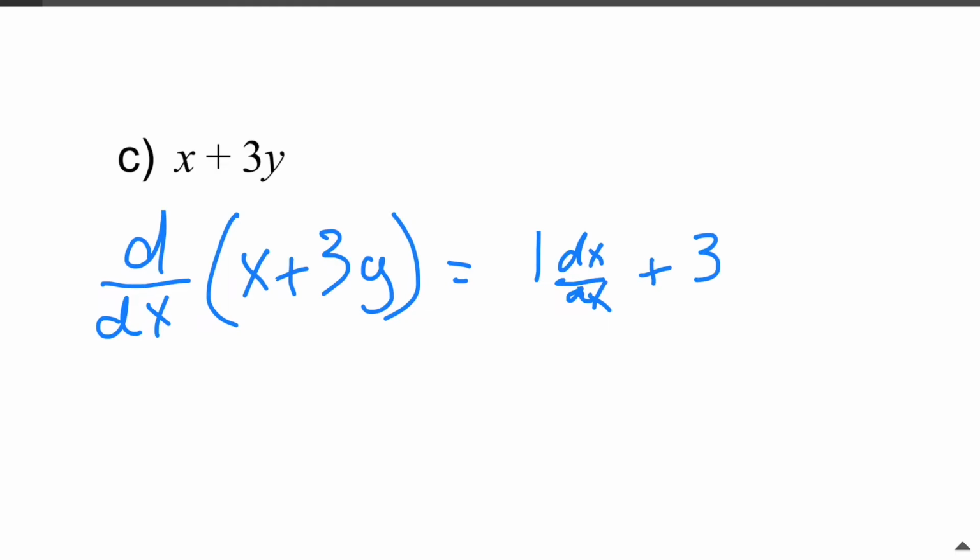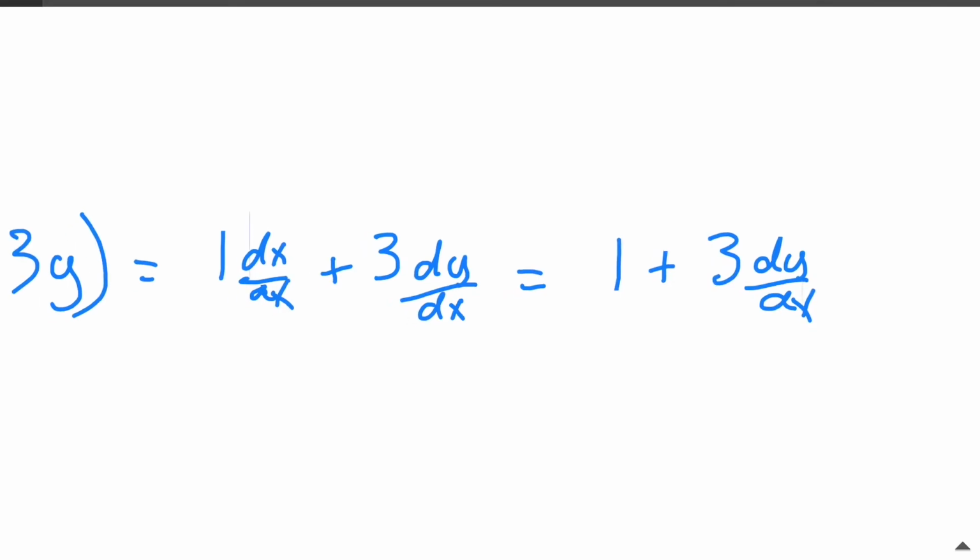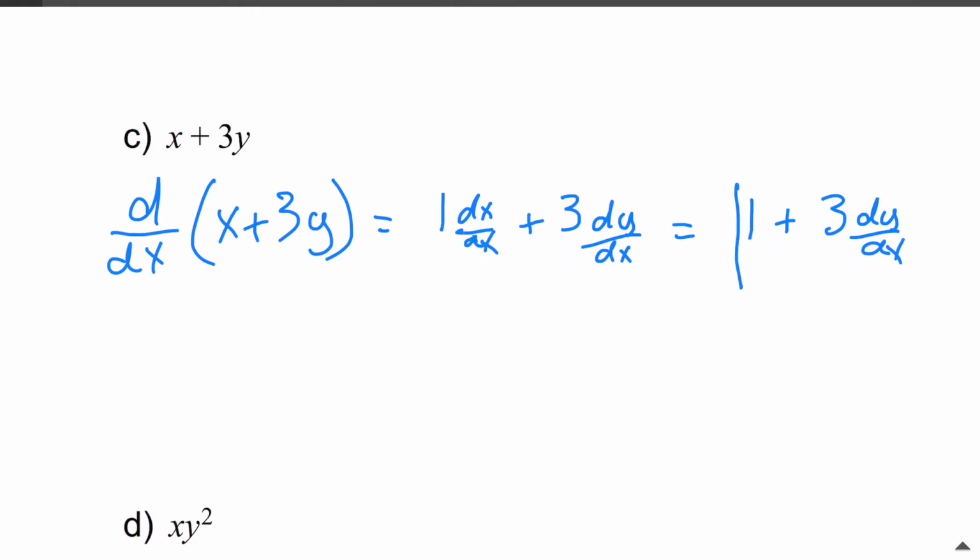Now, power rule with y, the 1 goes to a 0, so there's no more y's, and we're going to have dy dx. So the final answer for this one is going to be 1 plus 3 dy dx. And remember, dy dx means the derivative of y with respect to x. That's going to be our derivative for C.